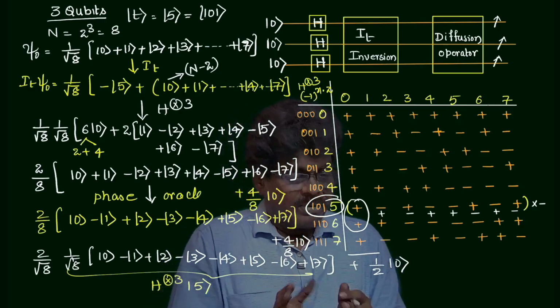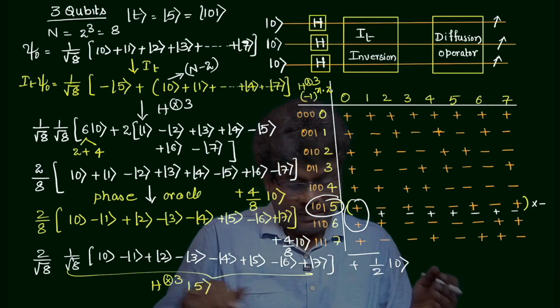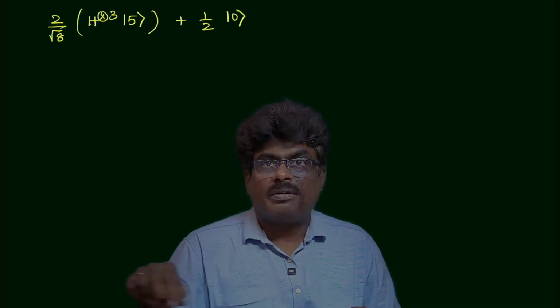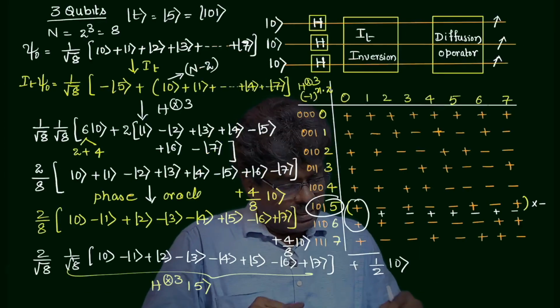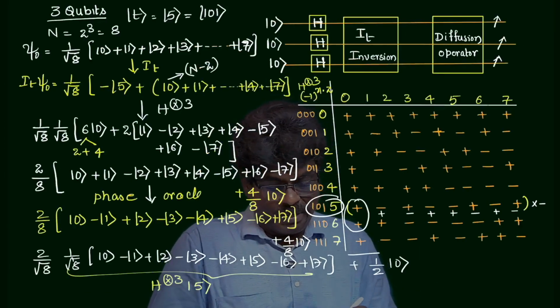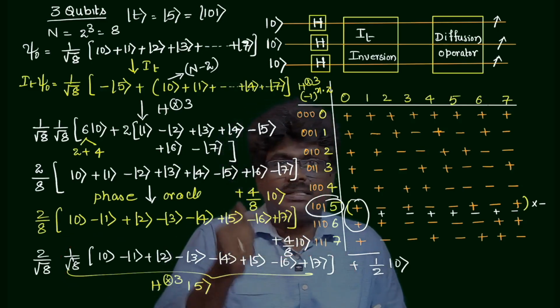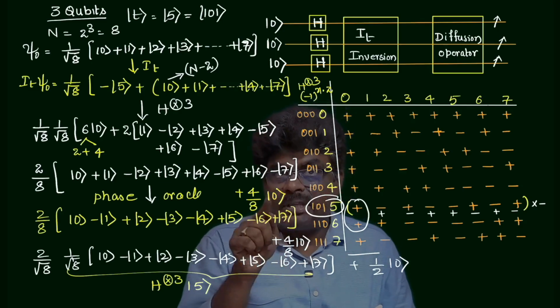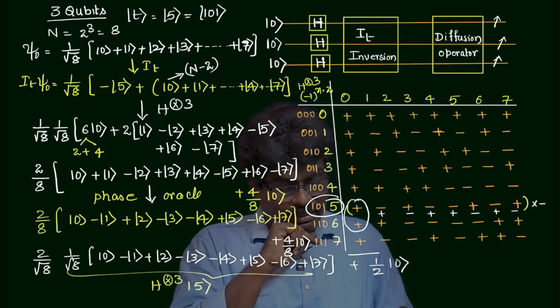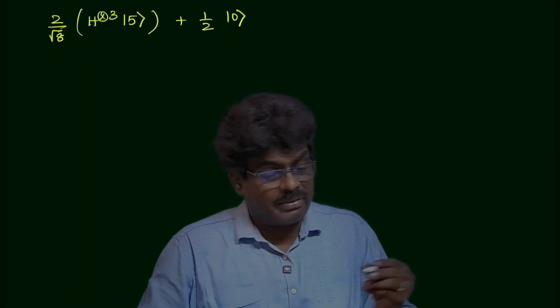Okay, so let me take this final step again. Just wait. Right. So perfect. So here I have taken that last step. I hope everybody understands. So this thing is nothing but H tensor 3 operates on 5, including that normalization factor 1 over root 8. So now carefully observe.